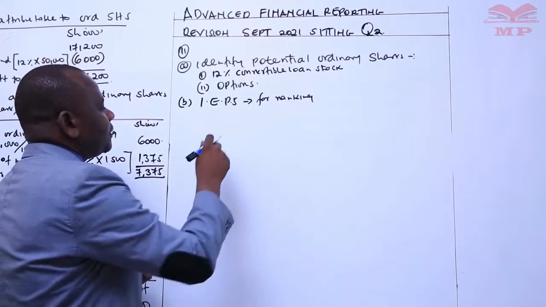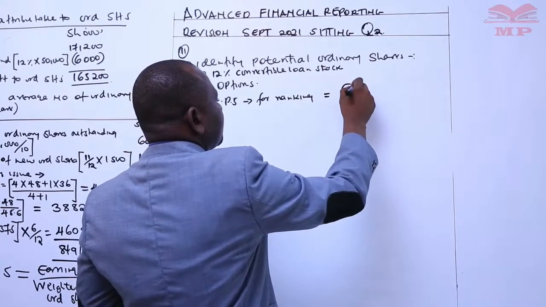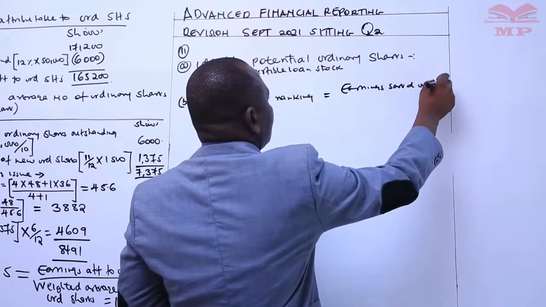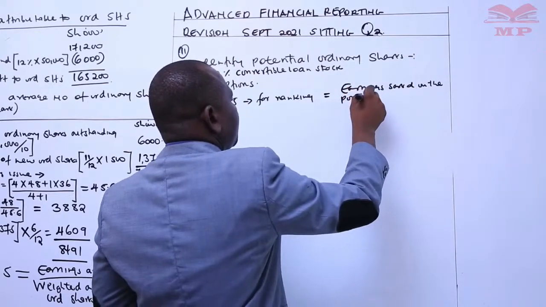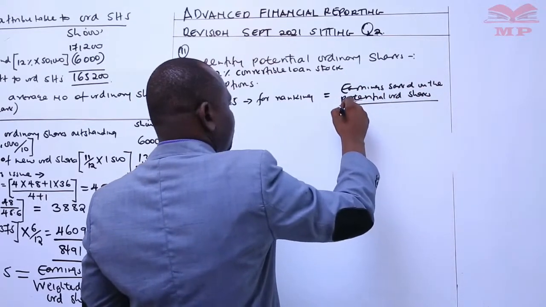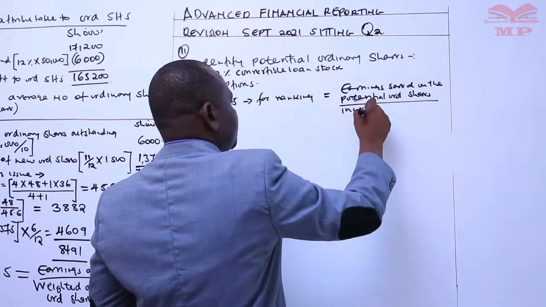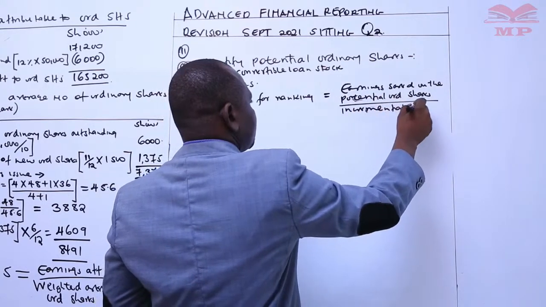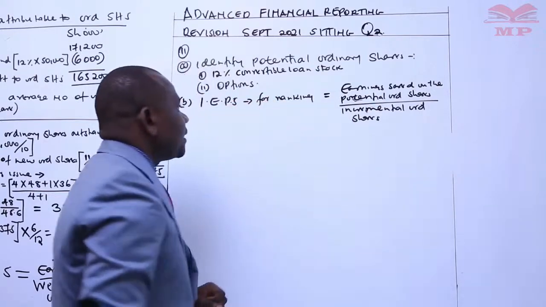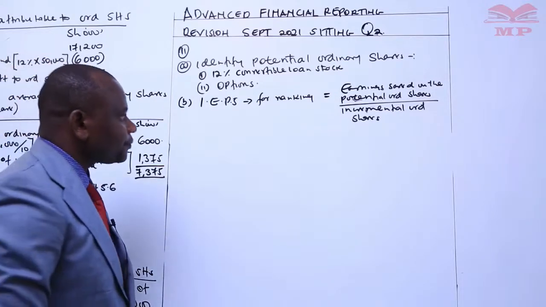Incremental EPS is given by earnings saved on the potential ordinary share over incremental ordinary shares as a result of the potential ordinary shares becoming shareholders.